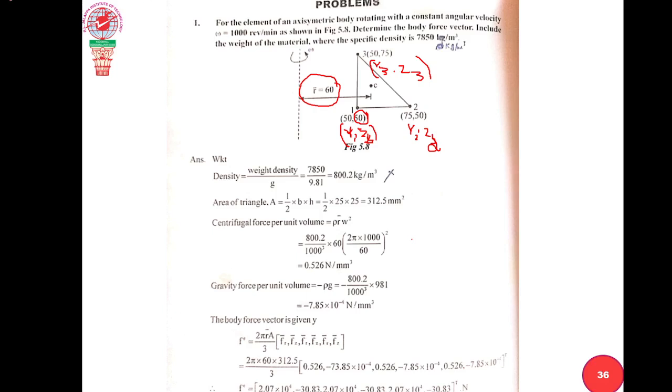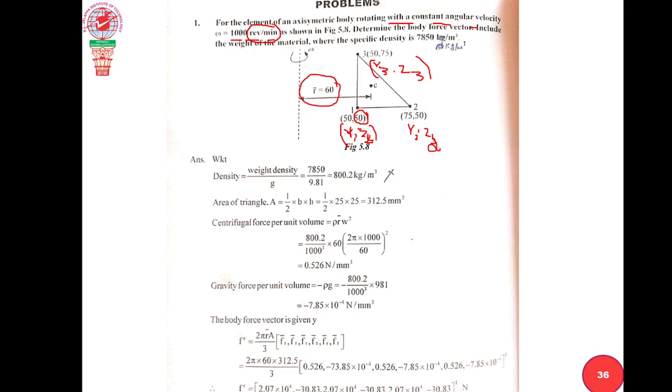Let me see what data is given in the question. The angular velocity omega is 1000 revolutions per minute. Be careful here. They say angular velocity omega, but they have given it in revolutions per minute. The actual unit of omega is radian per second.